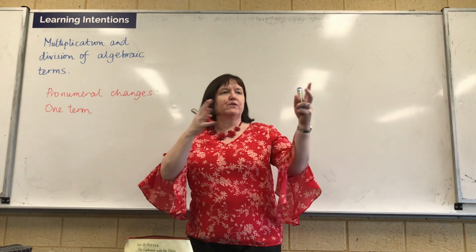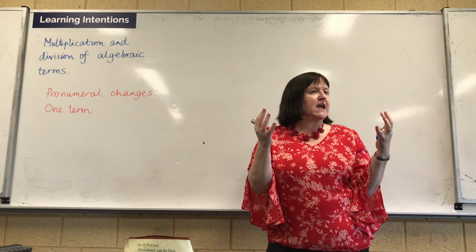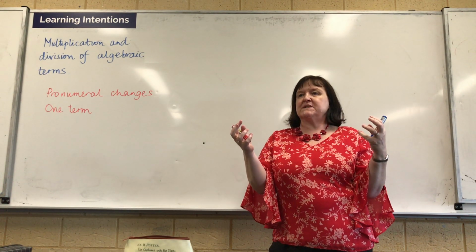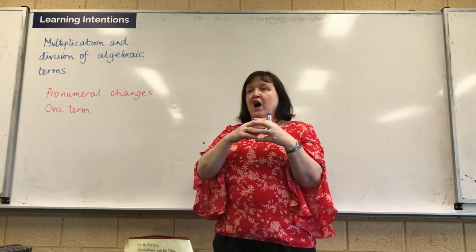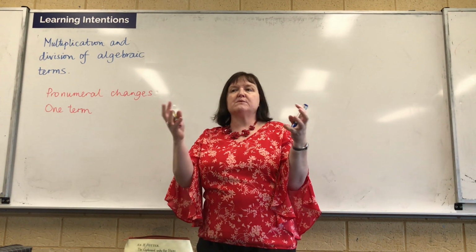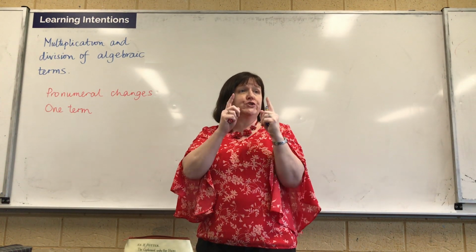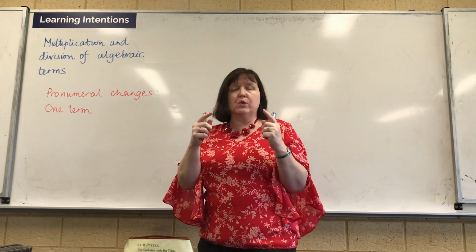If there's a constant involved, obviously that will be there. But if you're multiplying lots of algebraic terms together or dividing algebraic terms, you will always end up with one term, and the pronumeral will be different.